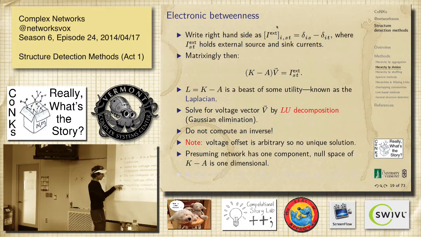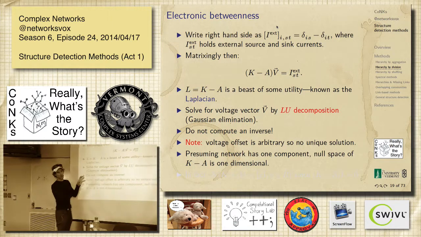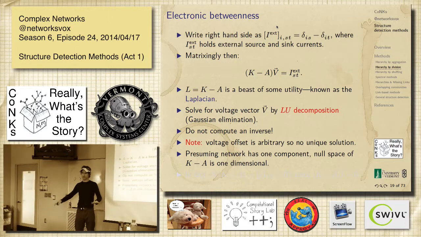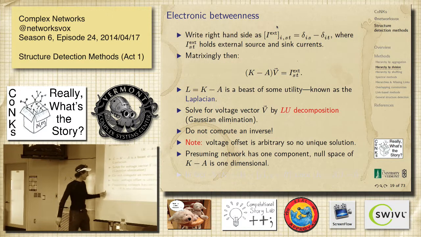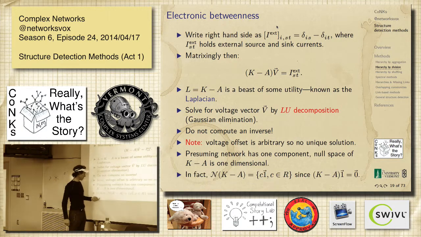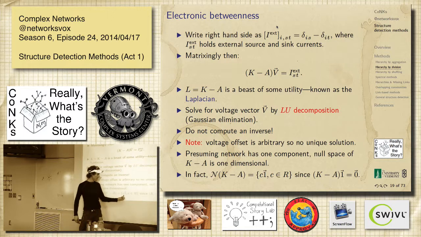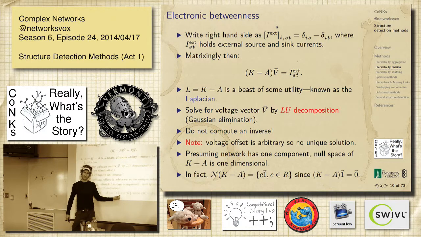Okay, so if there's one component, then you get in trouble with more than one component because you could have different voltage levels in different things. Okay, so it's connected enough that there's one component. Then the null space is one-dimensional, and in fact, you can see what it is. So the null space of this guy is just going to be any constant times the unit vector. That's your offset. Whatever solution you take, you can add anything times ones, right? A vector of ones, and that will still work.